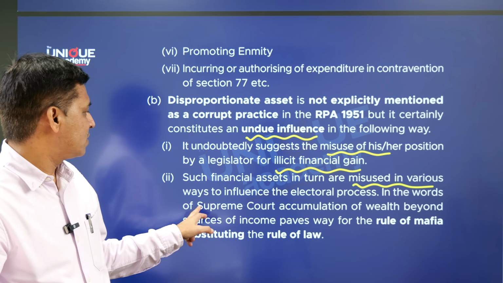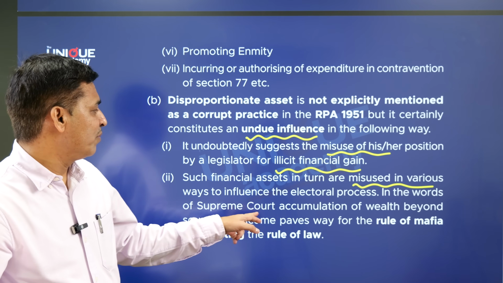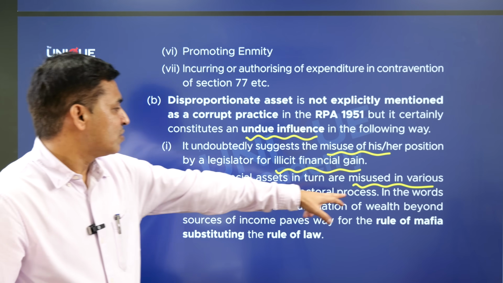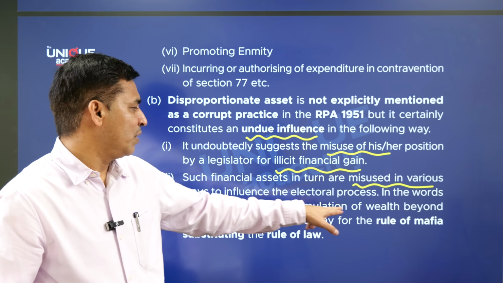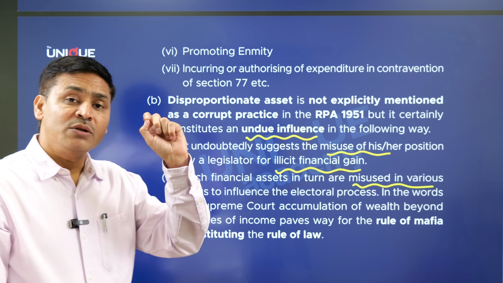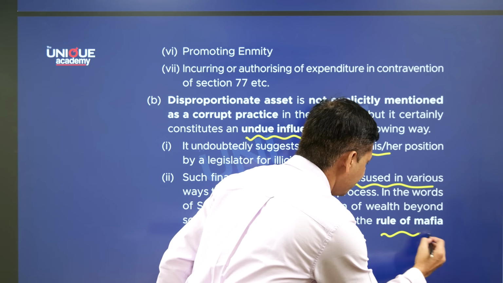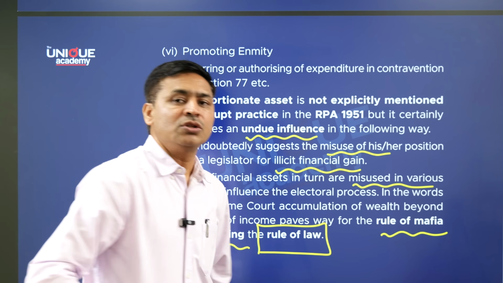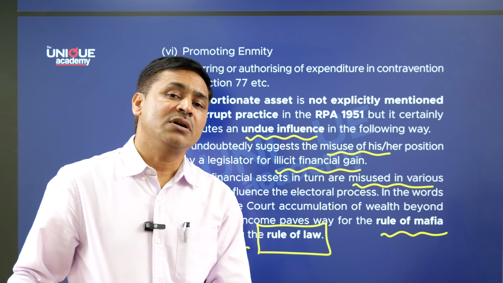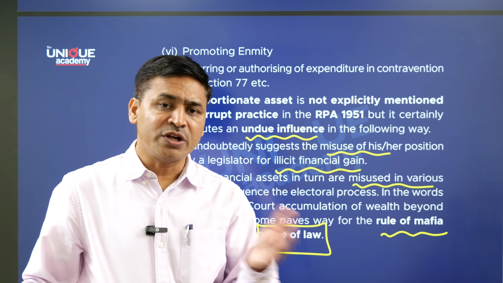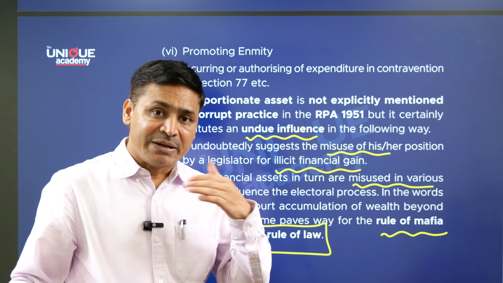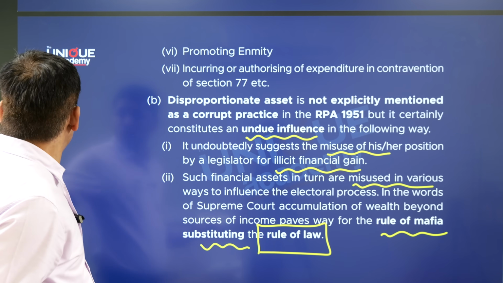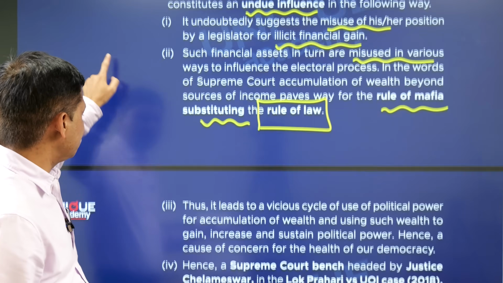In the words of the Supreme Court of India, and this observation is very, very critical: accumulation of wealth beyond source of income paves the way for the rule of mafia. Look at the word used by the Supreme Court. The rule of mafia substituting what? The rule of law, which is a very foundational principle of all modern political systems and obviously democratic systems such as Indian democracy. So, the two important arguments, then let us take it forward.